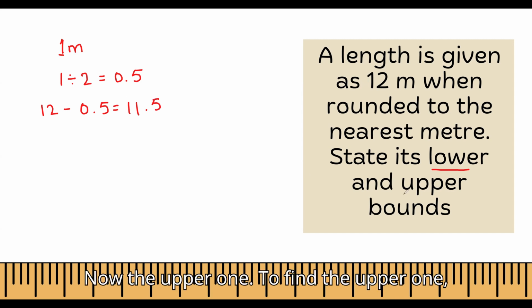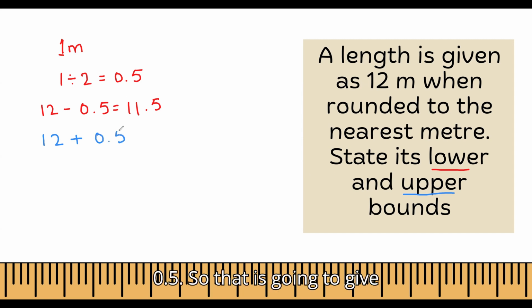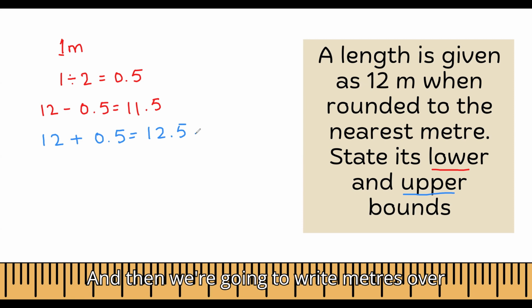Now the upper bound. To find the upper bound, I'm going to add 0.5 to 12. So 12 plus 0.5 is going to give me 12.5. And then we're going to write meters over here.